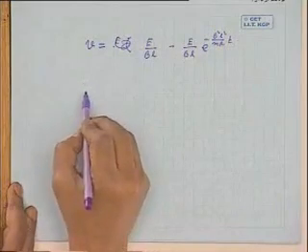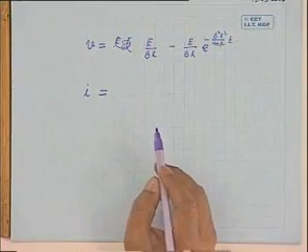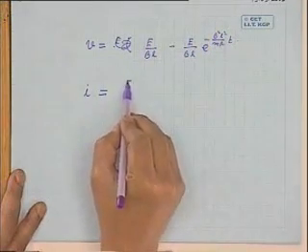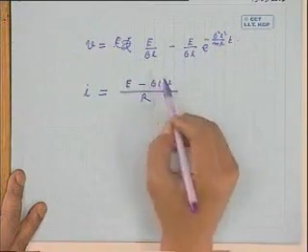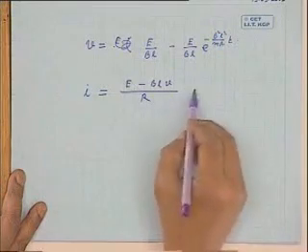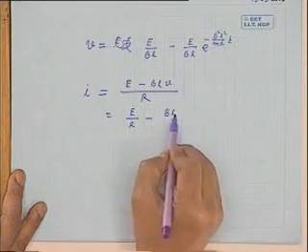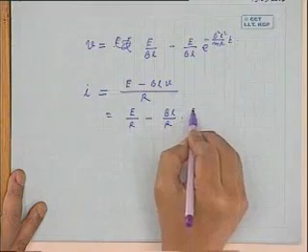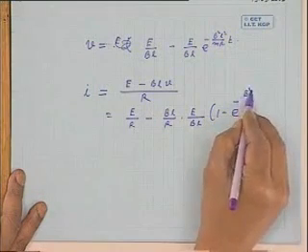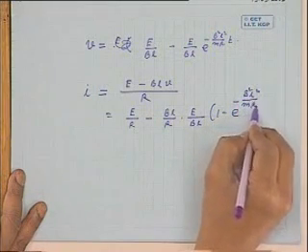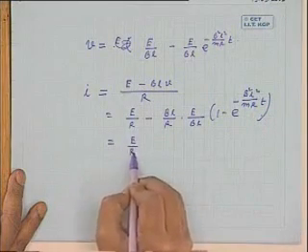As a function of time, I can find out how velocity will change. Similarly, I will calculate I as a function of time, which you quickly calculate. That is E minus BLV over R. Put this here, such that this becomes E by R minus BL by R into E by BL into 1 minus e to the power of minus B square L square by mR into t.